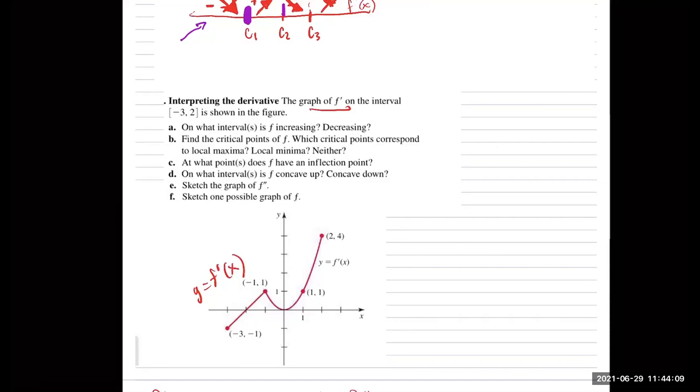So if this is the graph of the derivative, part A asks, where is this function increasing? Can anyone help me out? If this is the graph of the derivative, can you tell me where the original function is increasing?